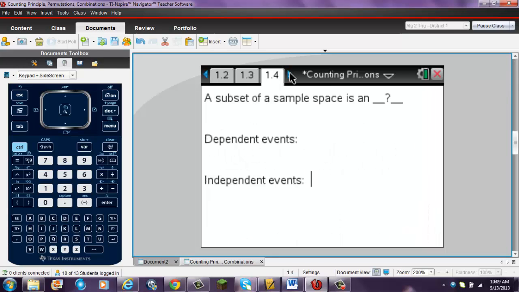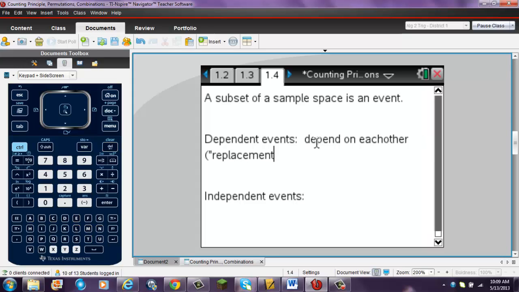Page 1-4. A subset of a sample space is called an event. There are 2 kinds of events that we'll deal with, dependent and independent, and they're pretty much what they sound like. Dependent events depend on each other. When you have those replacement problems with cards, what just happened in the earlier problem, those were dependent events because getting a number greater than 800 depended on me getting an 8 first.